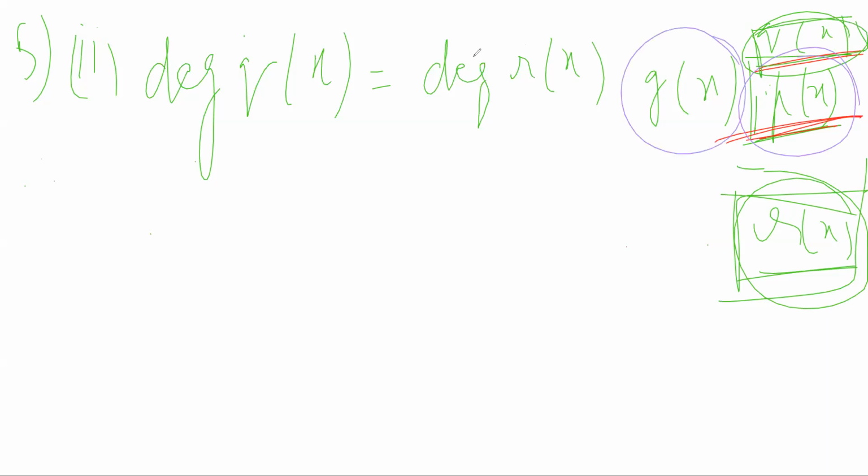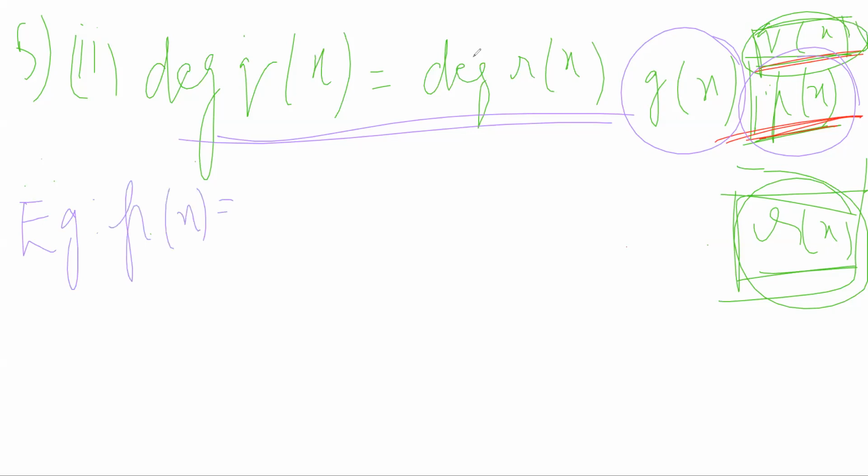Then this condition will be satisfied. So I'll give one example. Let's take p of x to be x cube plus x square plus x plus 1. Don't forget, it must satisfy the division algorithm.